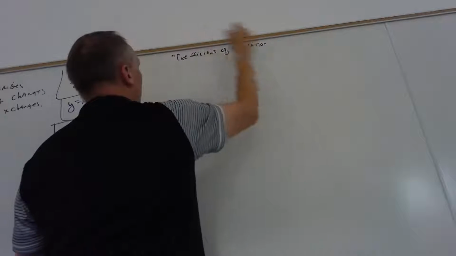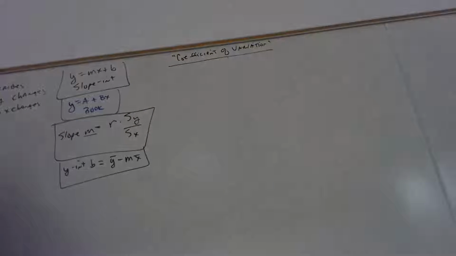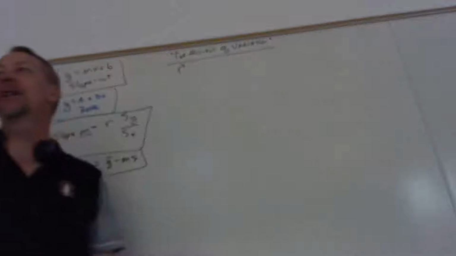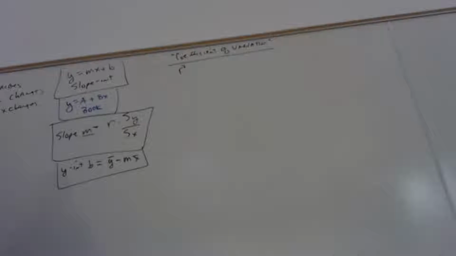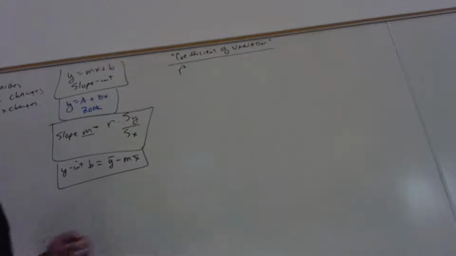Okay, that's the official name. There is nobody that I know that calls it the coefficient of variation. Instead, they call it the R-squared value. What do you think R squared is? What's R? It's your correlation. So it's just simply your correlation coefficient squared.